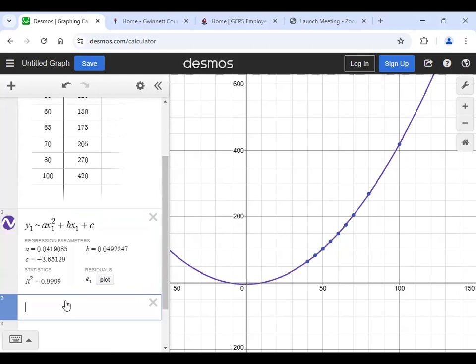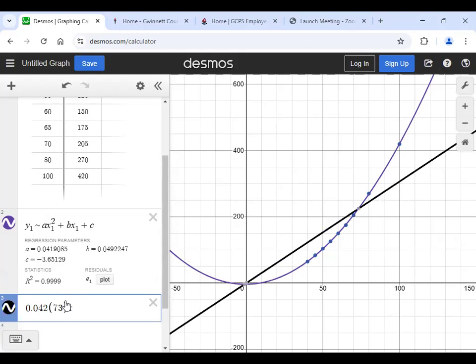Now we're going to use that equation. I would write down on my paper y equals 0.0419. It doesn't tell me on the review how many decimals to round to, so 3 is good. If you want to make that a 2, I would be okay with that, or you can stick to 3. Then plug in 73 for your x.